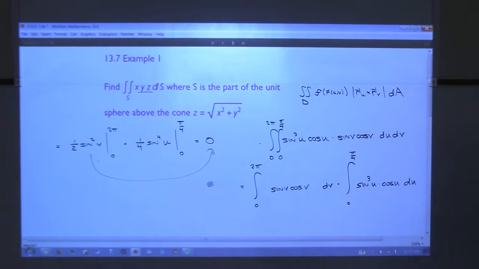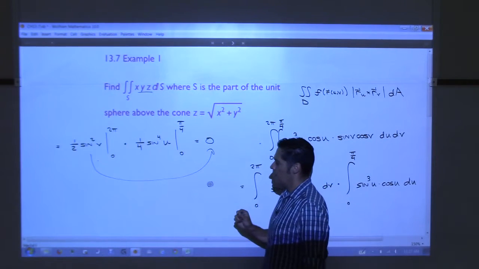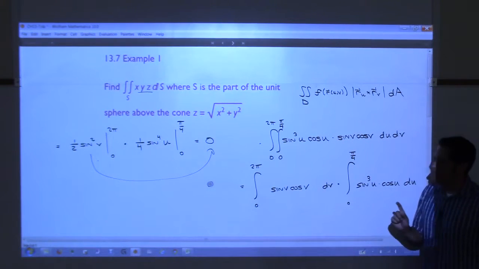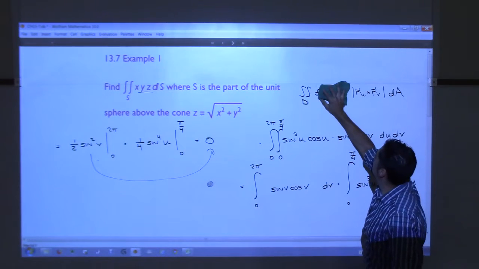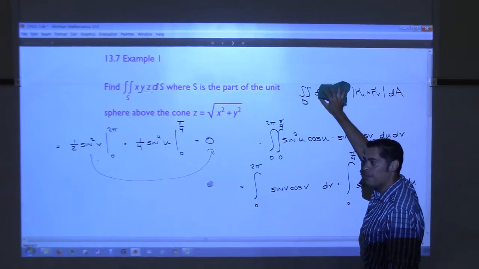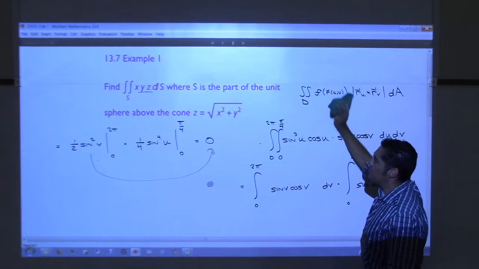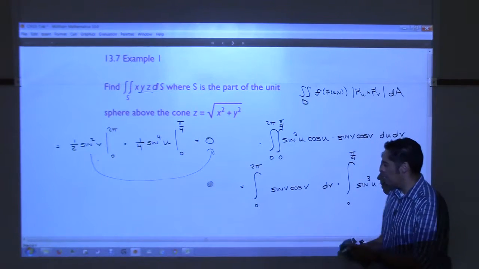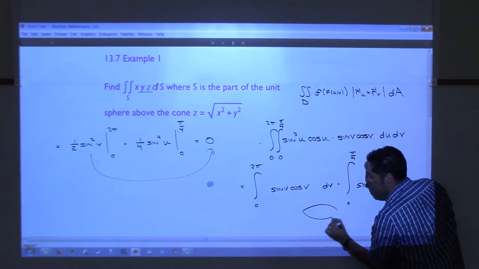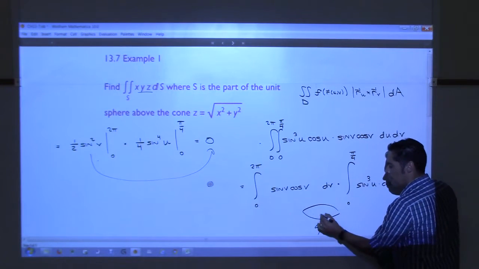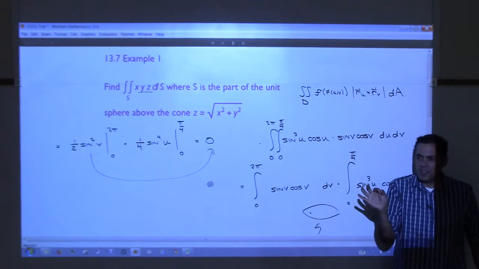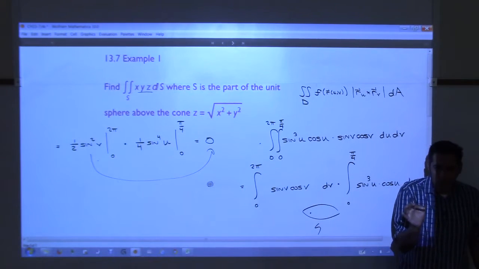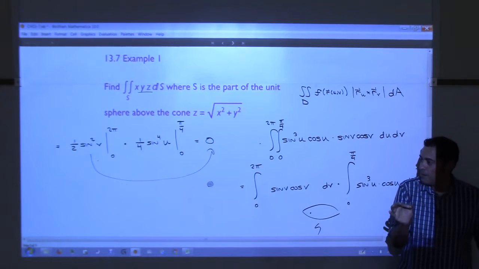So the surface area is 0? Okay, did we just calculate the surface area? No. Okay, I'm glad you mentioned that. Had this not been here, that would have been surface area. But since it was here, what we were doing is we're moving along. Here's that top patch, right? That S. We were taking points, and what we were doing is we were taking the point and saying multiply the x coordinate times the y coordinate times the z coordinate, right?